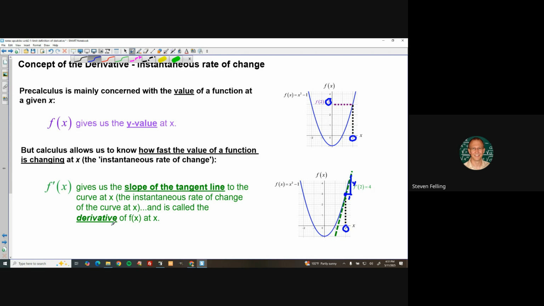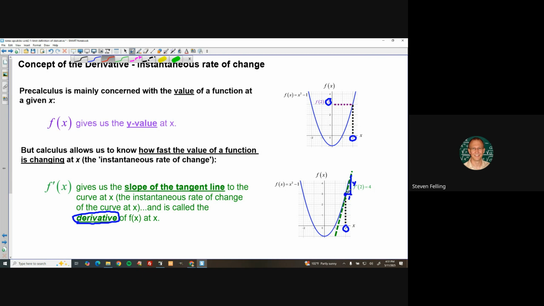Right, so now we're going to define another word, which is the word derivative. Derivative is, by definition, the instantaneous rate of change of a function curve at an x, and it's also the slope of the line tangent to the curve at that particular x. And each of these x values would have its own slope.